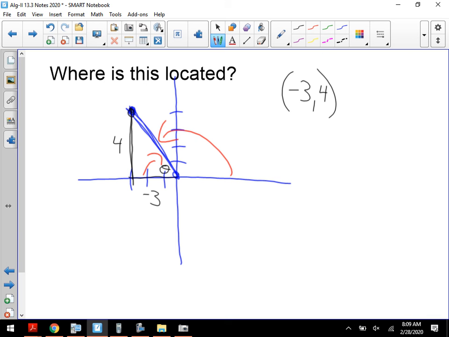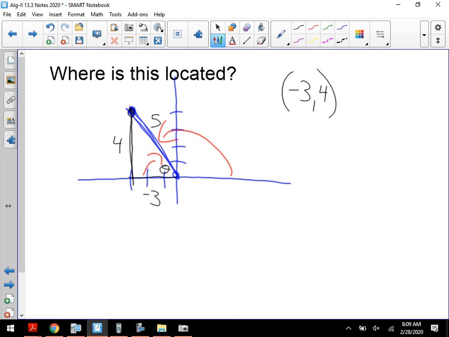How do I find the hypotenuse? In this case, what is your hypotenuse? 5. So now, if we look at these values, this theta is in what quadrant? Second quadrant, okay? I know my x value is negative, my y value is positive.